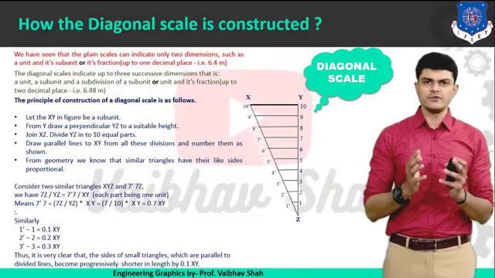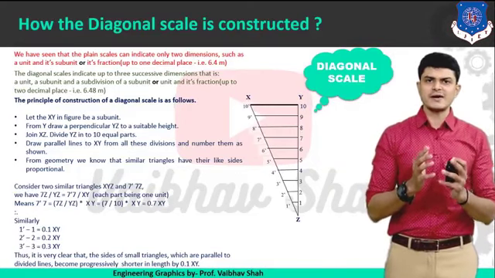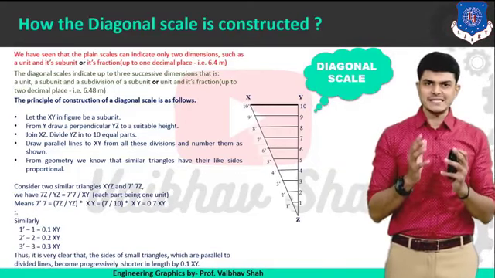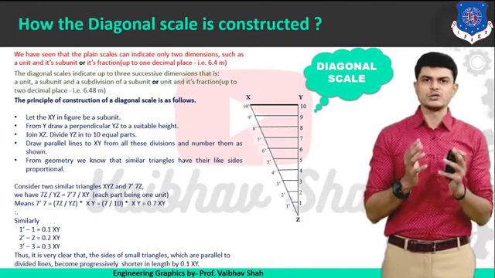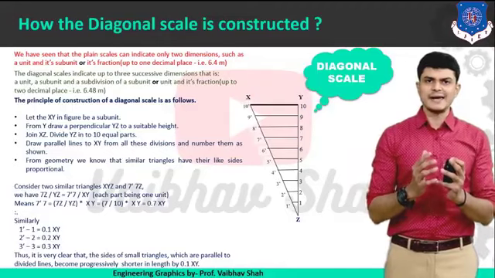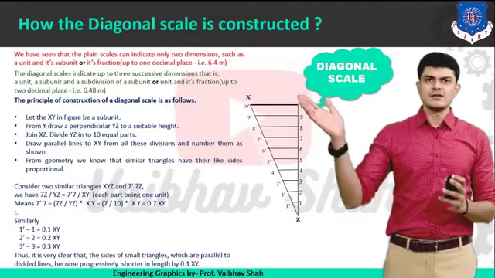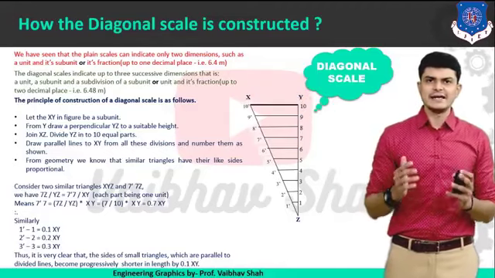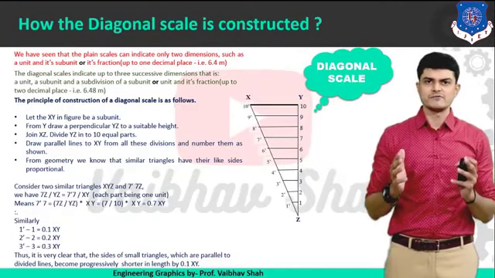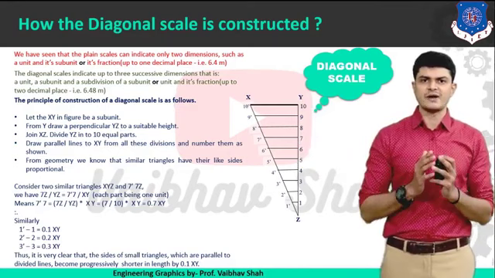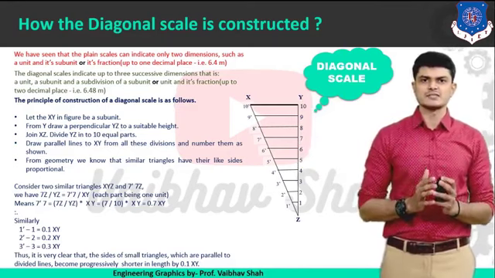Now we are going to use the similar triangle concept from mathematics to find out what we are actually doing. Let us take two triangles. First, the triangle xyz, and second, the triangle 7, 7 dash and z. We will be comparing these two triangles using similar triangle concepts.